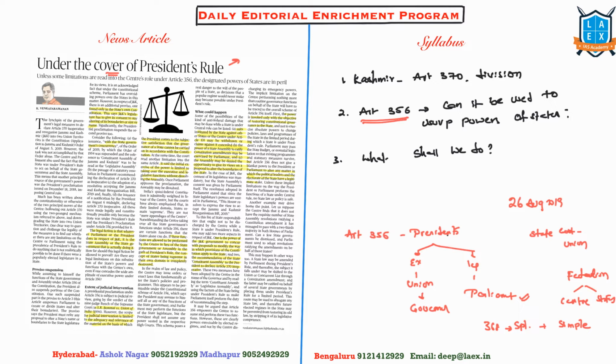The powers of the states can be abrogated, taken away, by transferring the subjects in the state list to the concurrent list or union list through the use of Article 356. So, that's why what the author is saying here is that certain matters, such as division of the states and the transfer of subjects from the state list to the other lists, consultation with the state legislative assembly shall be made mandatory, and these functions cannot be transferred to the union Parliament.